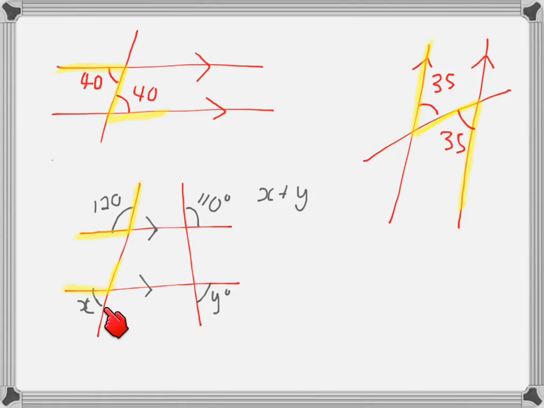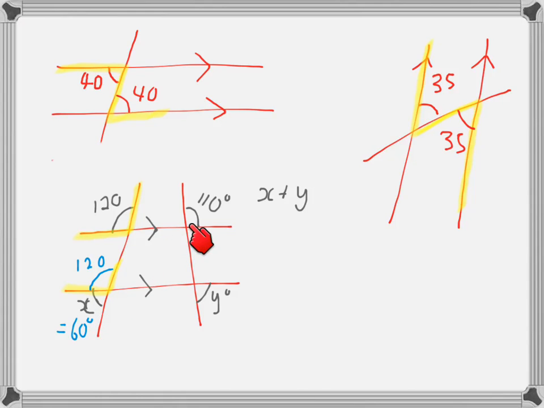Correct or not? That means from here we can know that this angle over here is 120 as well. One straight line is 180, so this is 120, so x will equal 60. Then we got the angle for x.